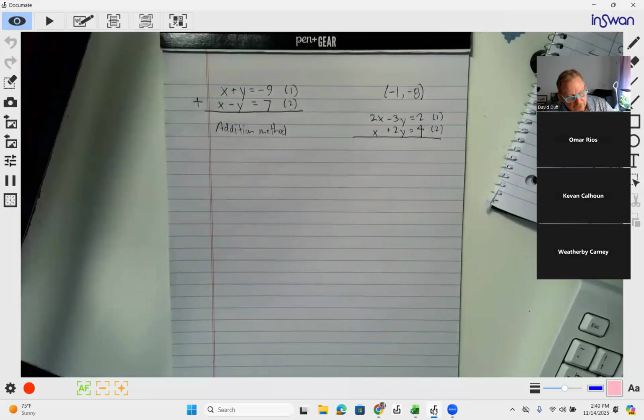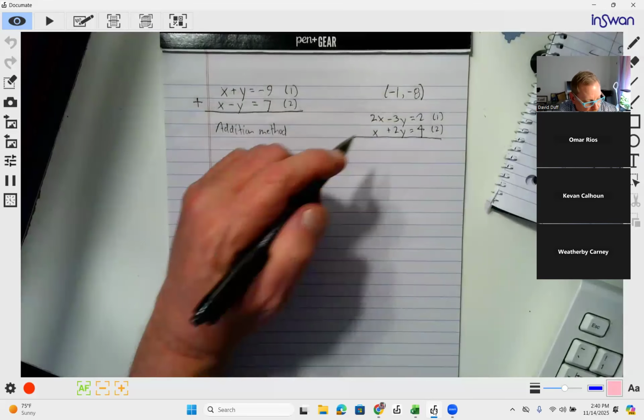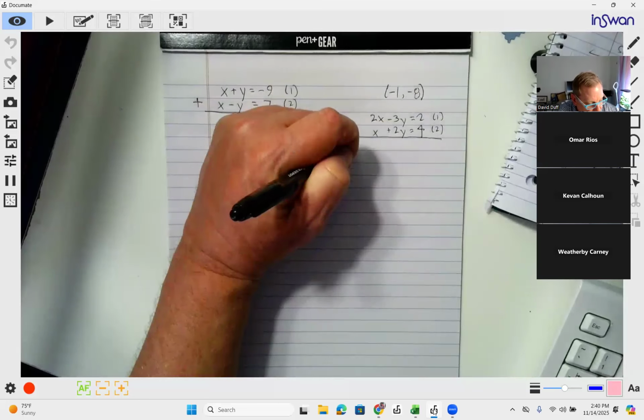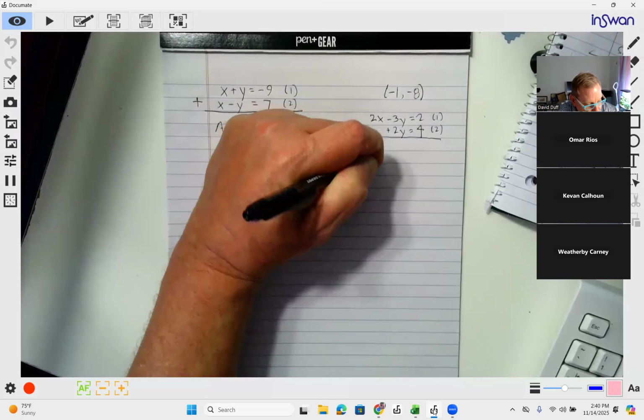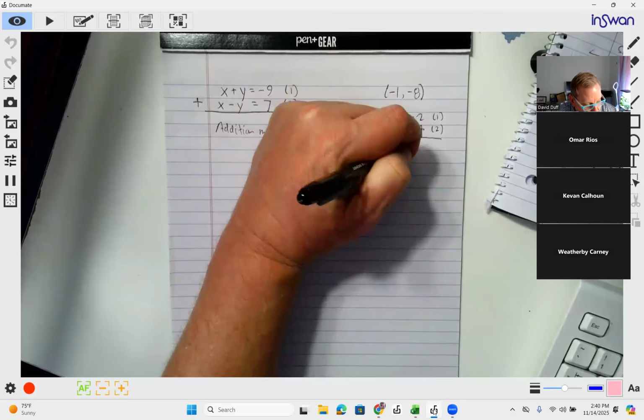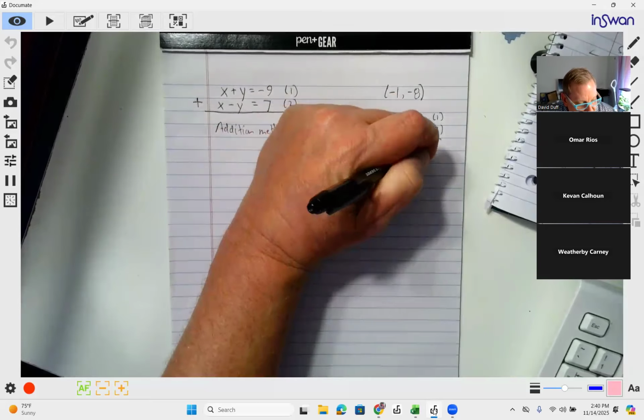But in algebra, we're allowed to do whatever we want to one side of an equation as long as we do the same thing to the other side of the equation. So in this particular situation, what I would do is multiply equation number 2 by -2.